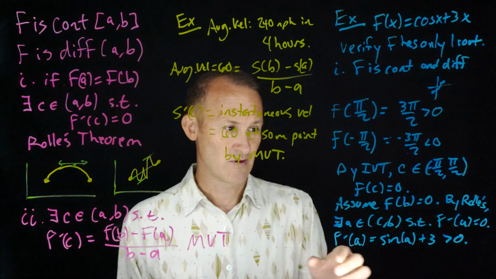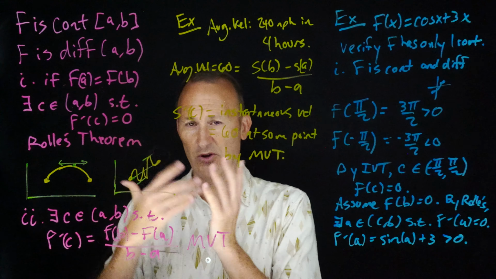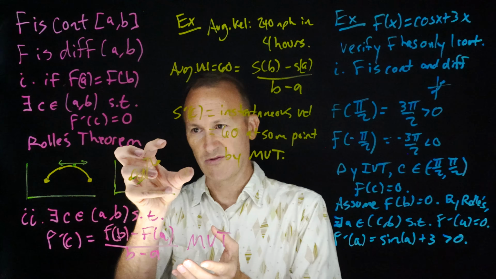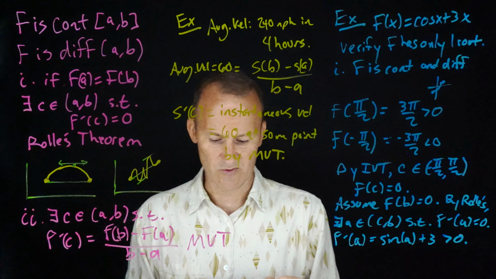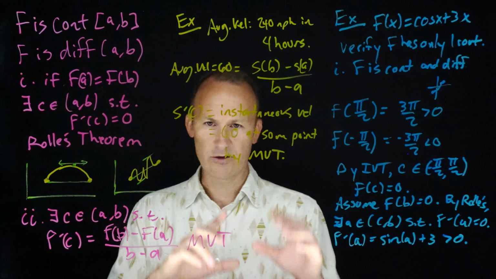It's important to know Rolle's theorem and the mean value theorem. I really think it's nice to look at the mean value theorem as a rotated version of Rolle's theorem. In Rolle's theorem, f of b minus f of a is just 0 because they're equal, so it really is a rotated version of that. You will see the mean value theorem come up in different places.